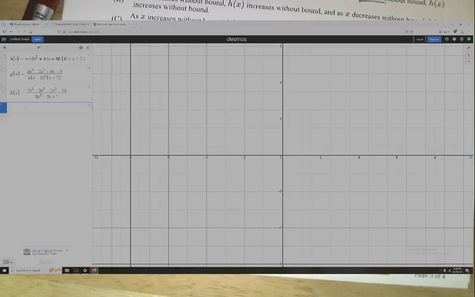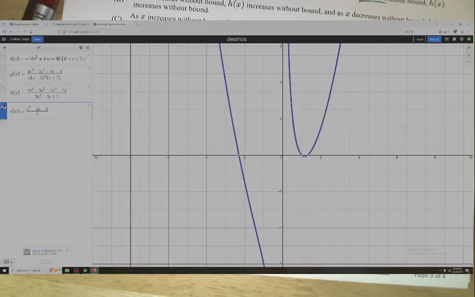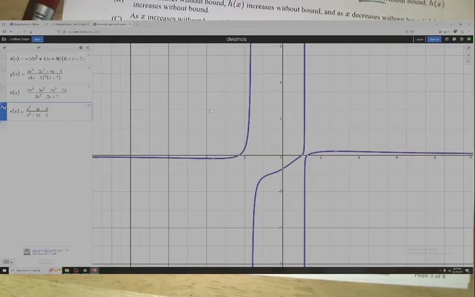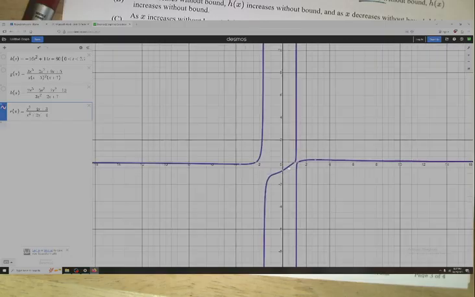And our function is r of x is equal to x to the 3rd minus 4x plus 3 all over x to the fourth plus 2x minus 4. Boom. So there is our really wonky looking function.